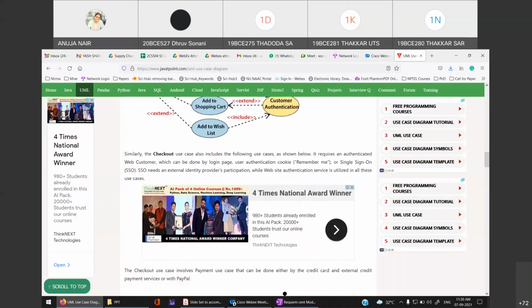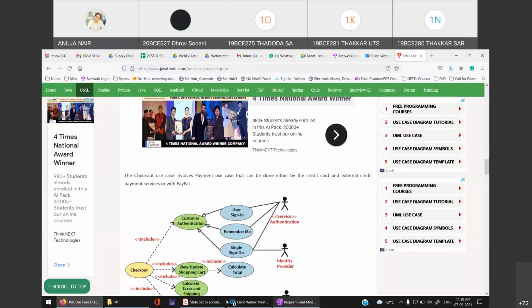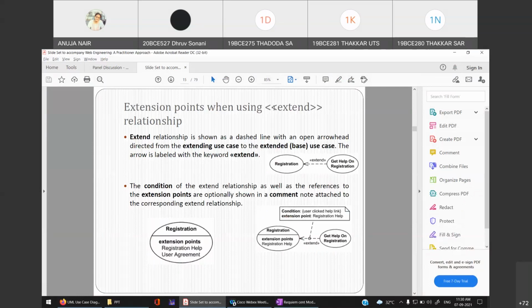Now, when you're talking about this extend relationship, there's one more thing called extension points, right? What are these extension points? Again, this is the same kind of concept. So registration, if I want to get help on registration, is extend, right?